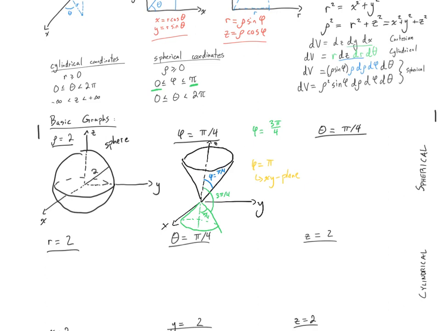So now for theta, this turns out to be totally the same as what it was before. So if we have our x, y, and z axes, if you've picked pi over 4 to be your angle, you take a plane. Let's draw it in blue.